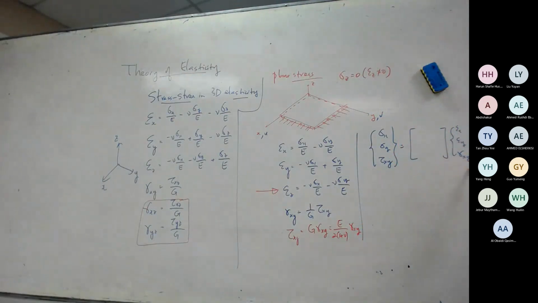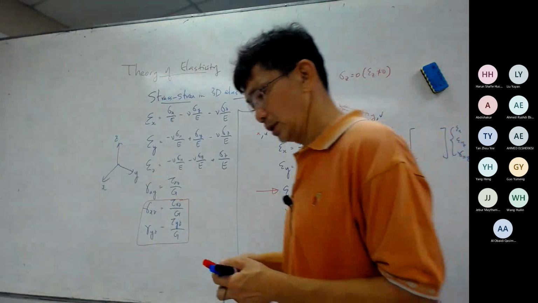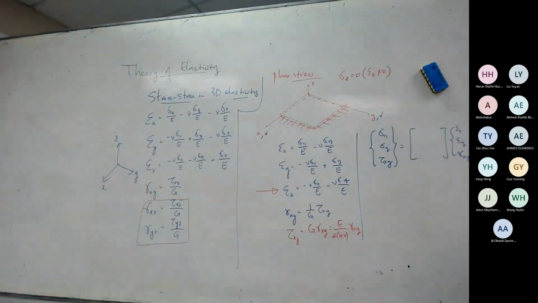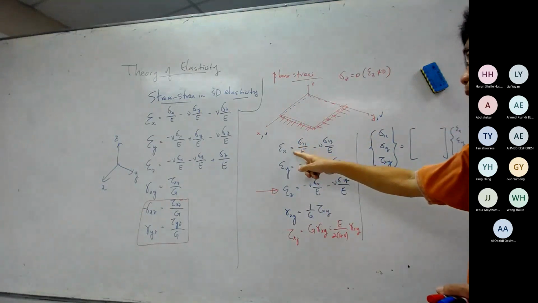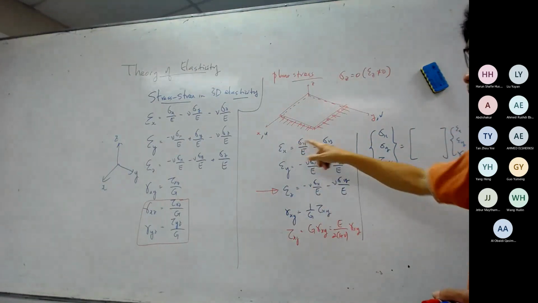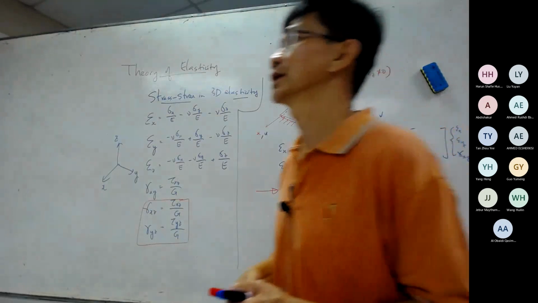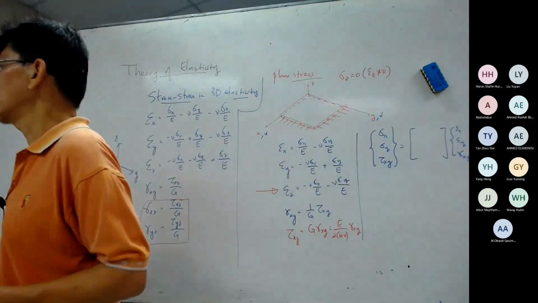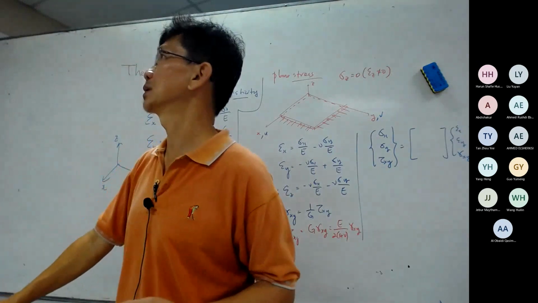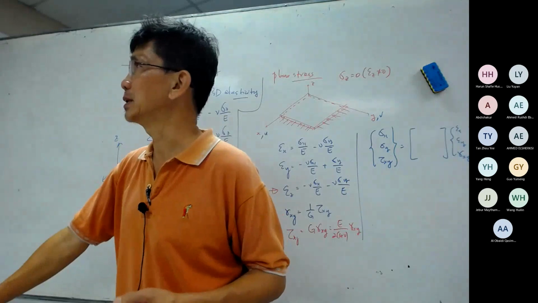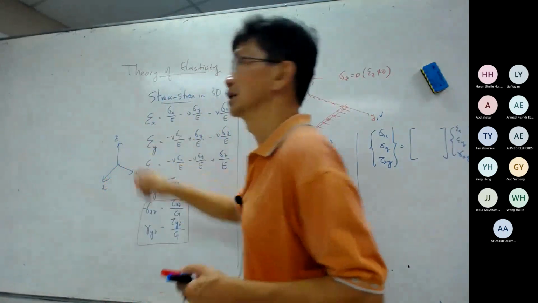So these relations we already have. Only these two we need to solve simultaneously, from these two equations, for sigma x and sigma y in terms of epsilon x and epsilon y. So that is the process and how we get the stress-strain relations for the plane stress problem if we start from here.